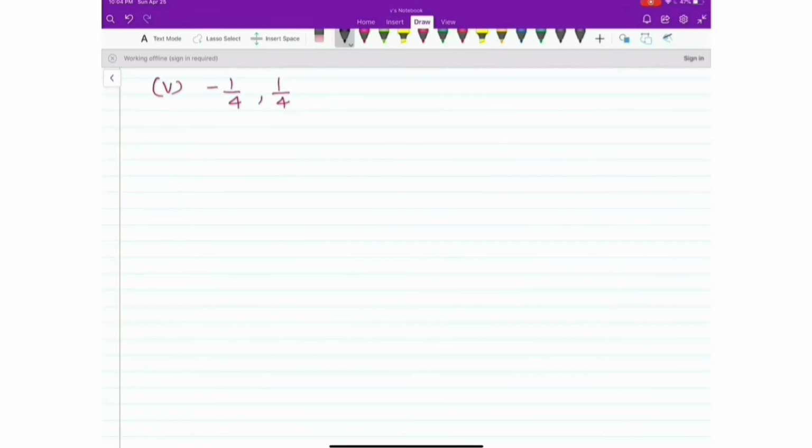Subdivision 5. Here you have been given the sum of the zeros as minus 1 by 4 and product of the zeros as 1 by 4. Let's do it now. Solution.